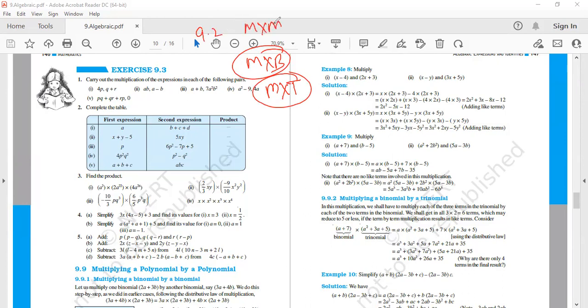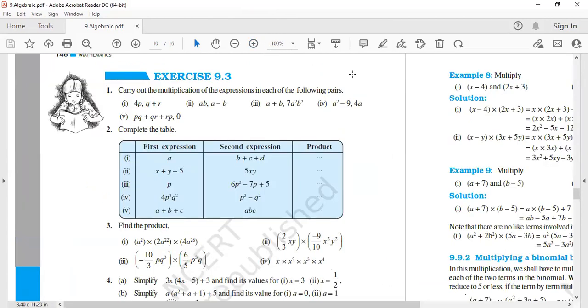In exercise 9.2 we have done monomial by monomials, right? In this exercise, monomial by binomial and monomial by trinomial we will study, right? So let us start exercise 9.3. Question number first.